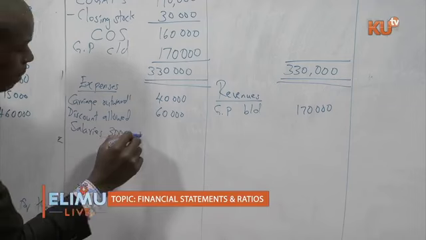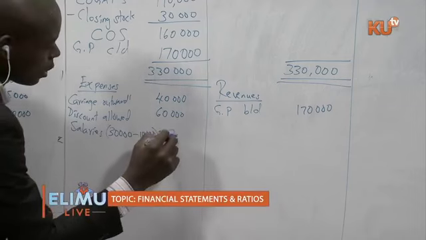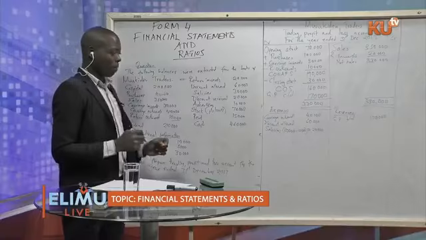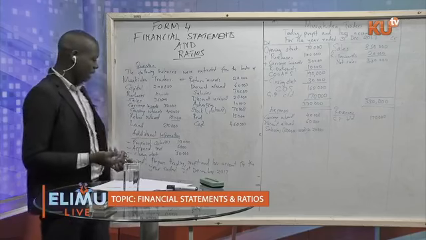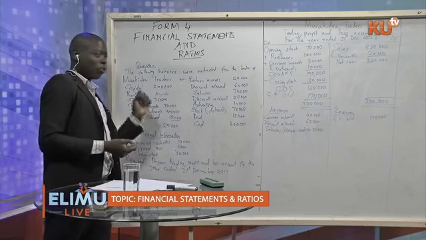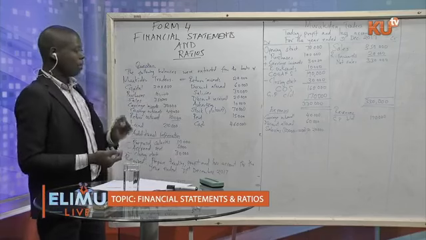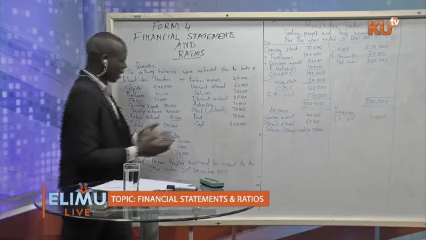So take 30,000 minus 10,000, and that gives us our figure now, 20,000. So the salaries is 20,000, not 30,000, because of the prepayment. Then if we had been asked to prepare a balance sheet, we will transfer prepaid salaries to the balance sheet as a current asset, meaning it will be debited on the balance sheet. I hope that is clear.